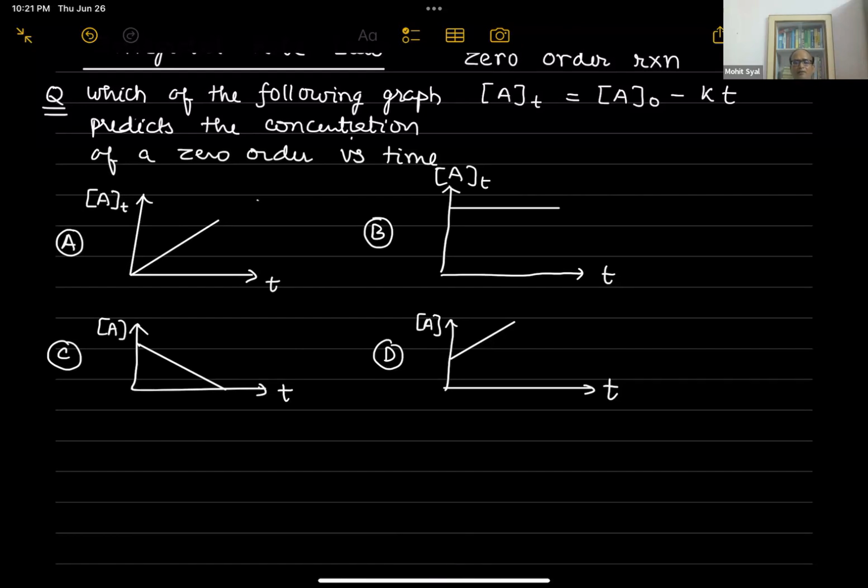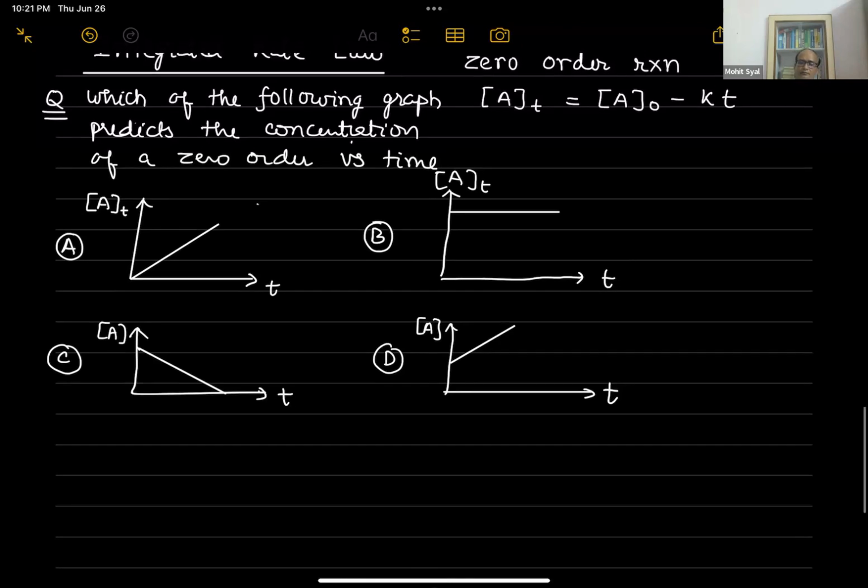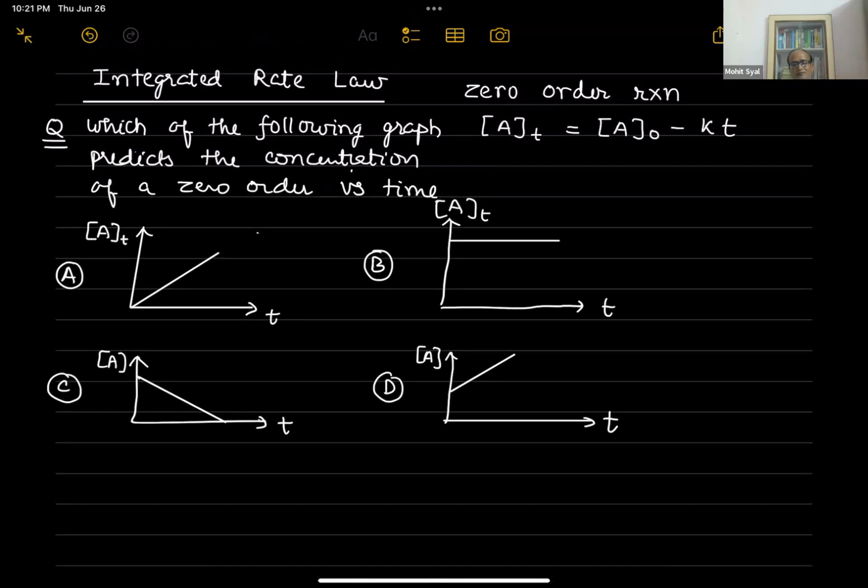Ibrahim, Jasleen, tell me quickly. This question is very easy. There is something which can help you to shortlist some of the options and reject some of the options directly. I hope you are getting my point.